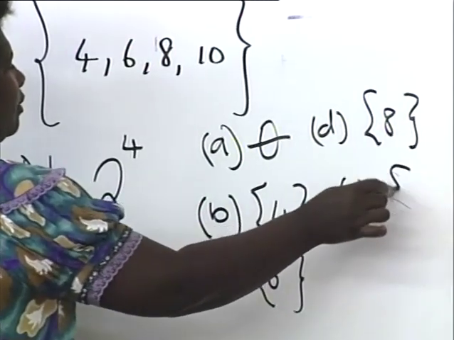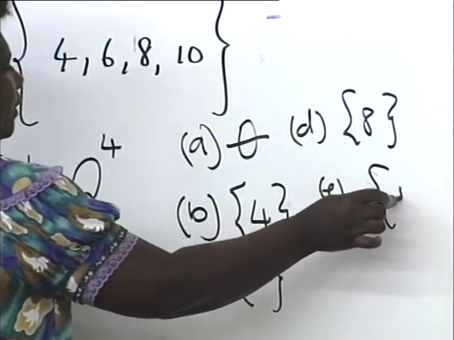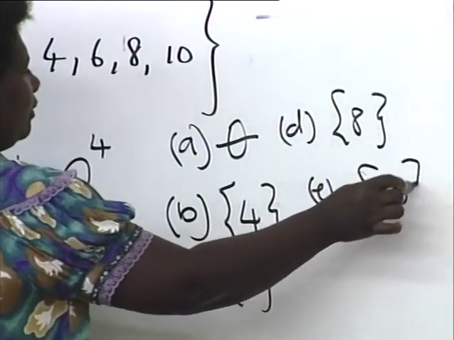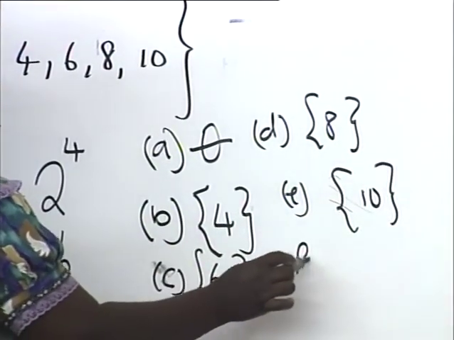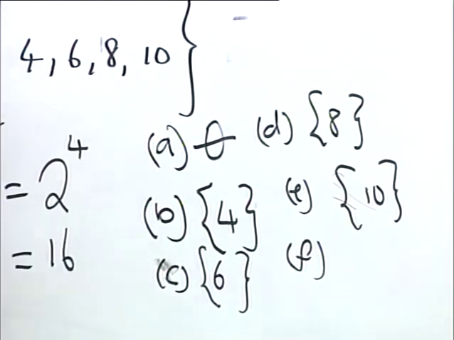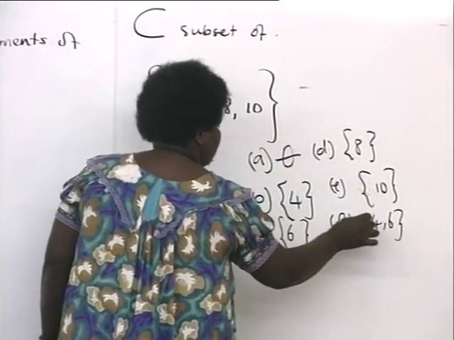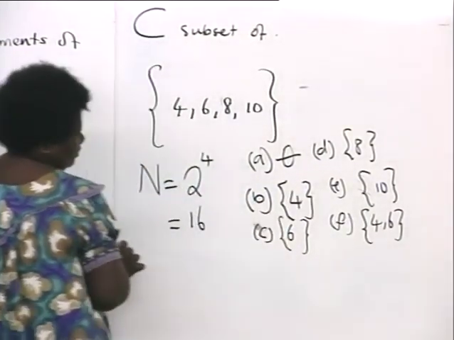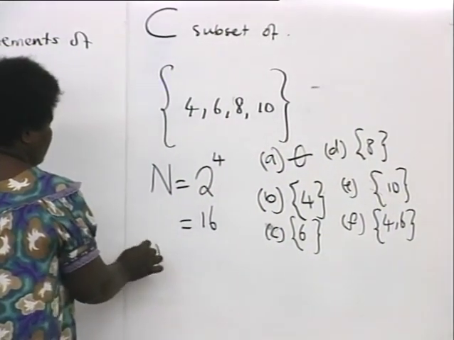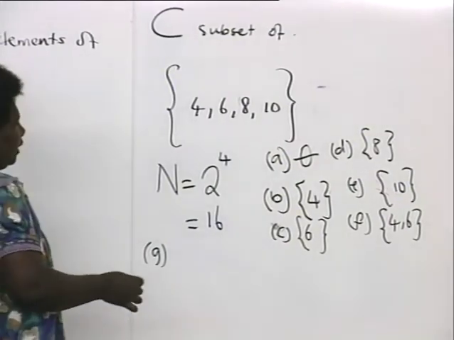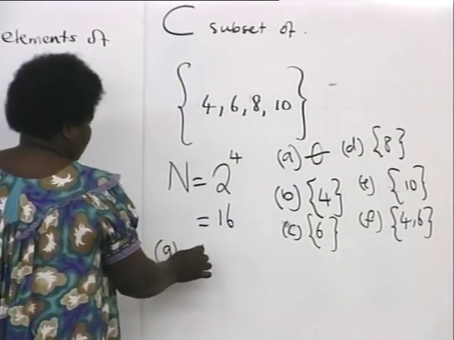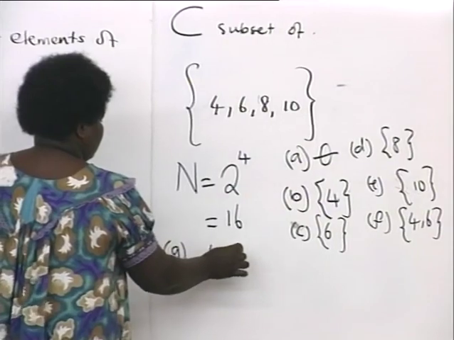Fifth is going to be {10}. The sixth set is going to be {4, 6}. The seventh set is going to be {6, 8}.